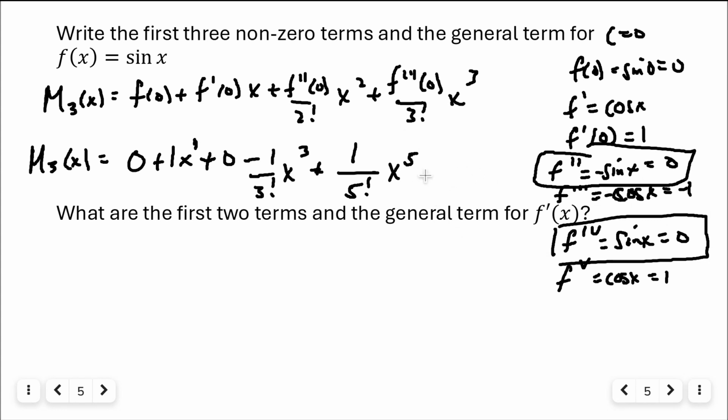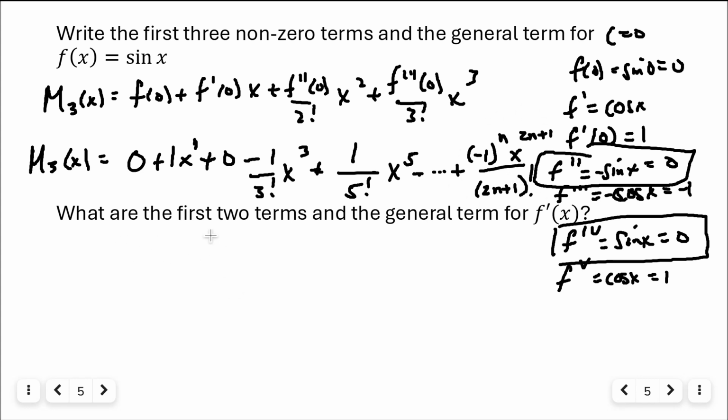So the general term then is going to be negative 1 to the n. It alternates, right? Negative 1 to the n. And then we're going to have x to the 2n plus 1 over 2n plus 1 factorial. We agree? Yep, I think that'll do it. Okay, so there's my general term for f of x equals sine x.